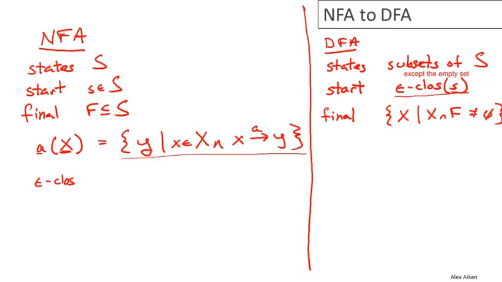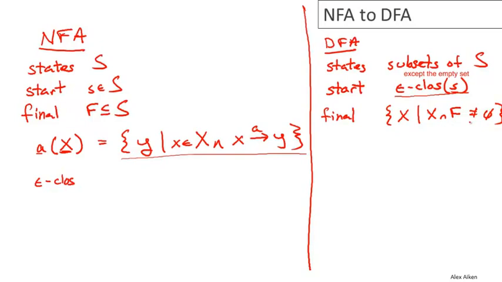So any state of the DFA that has at least one final state of the NFA in it is good enough as a final state for the DFA, because remember, the goal of the NFA is just that it has some computation which accepts the input. It means there's some way to get to a final state. And so if any of the states is a final state, we're happy. And we can capture that here by just considering every state that has at least one final state of the non-deterministic machine as a final state of the DFA.